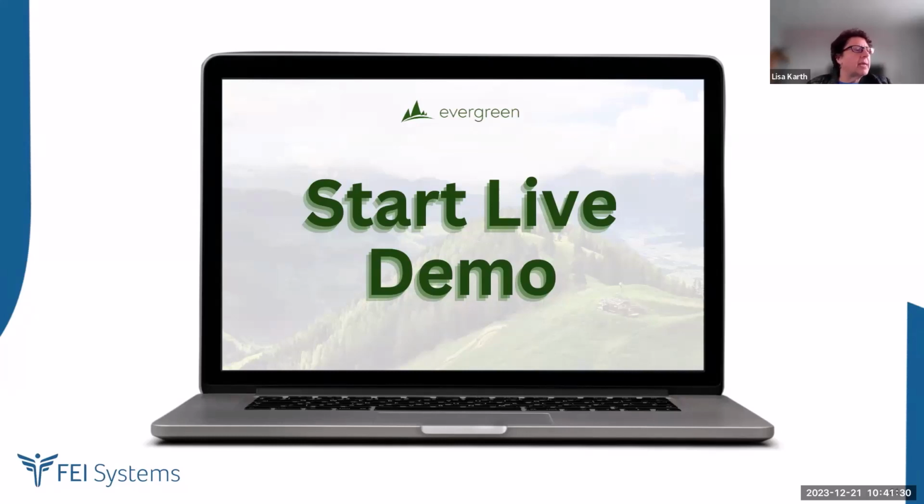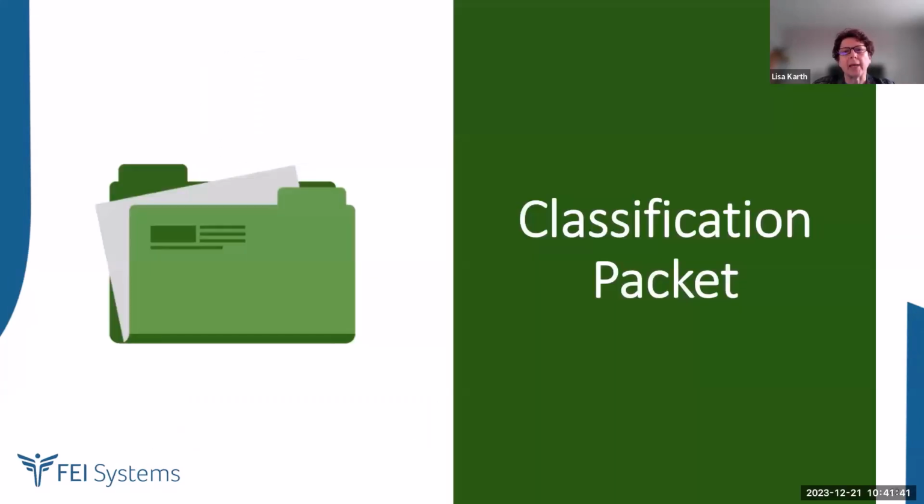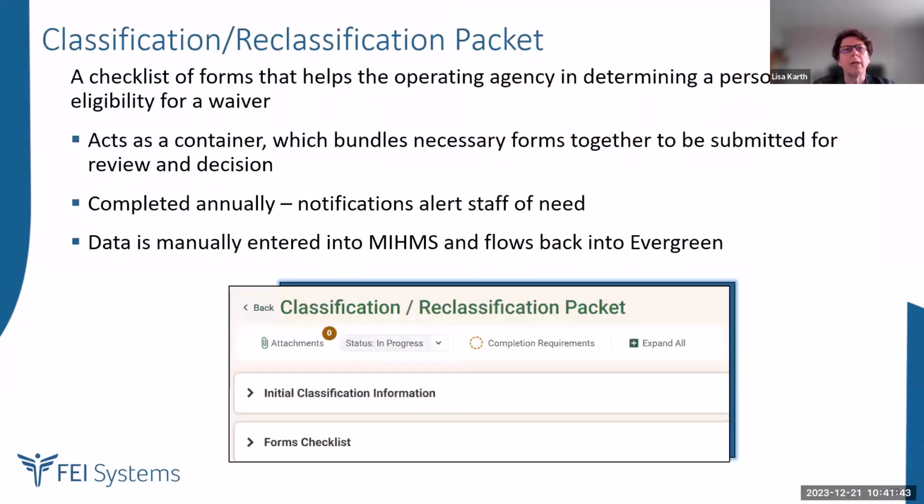And then the BI assistive technology before we start to talk about next steps. So the classification packet. Packets, they bundle forms. And this packet determines the waiver program eligibility, the classification, and it's bundling the LOC and the PCP.